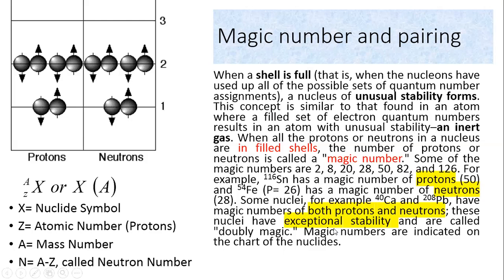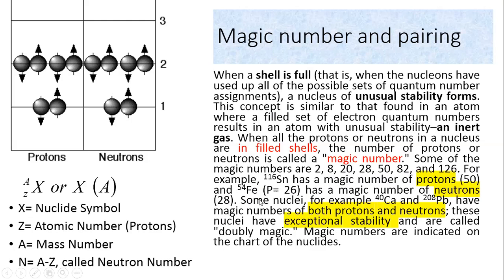So there are three possibilities. Let's suppose the nuclei have the magic number of protons, like in the case of tin-116, where the atomic number of tin is 50. So tin has the magic number with respect to the protons.